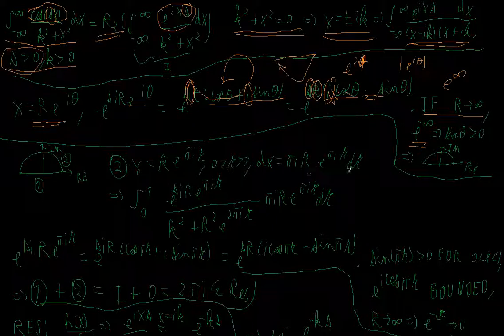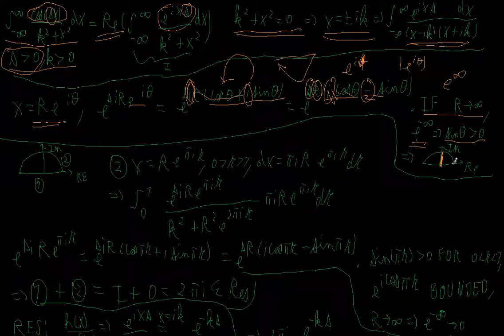We already have a negative sign here, so we just need to make sure that sine theta is not negative, because then we would get a positive exponent, and with r and s positive you would get e to the infinity as r tends toward infinity. So we need to make sure that sine of theta is positive, and sine of theta is positive in the upper half plane, because sine is generally along the imaginary axis.